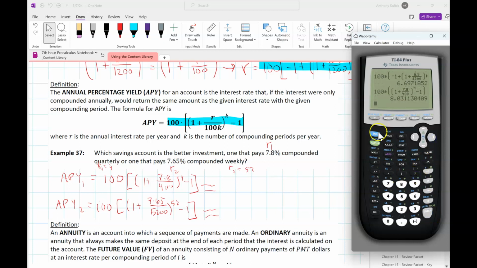The first one is 803. And the second one, I'm just going to update the first one. And then 794.